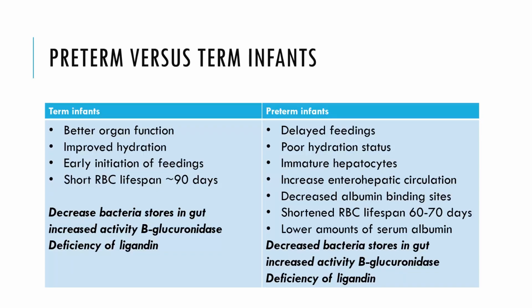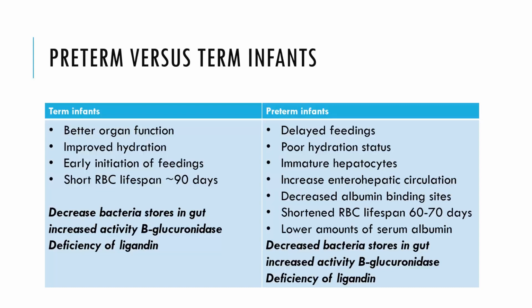And then I bolded these because they're the same in both categories. Both term and preterm infants struggle with decreased bacteria stores in the gut, and an increased activity of this beta glucuronidase, which is that enzyme in the small intestine that can unconjugate that bilirubin, and it can be retaken back up via the intrahepatic circulation into the bloodstream.